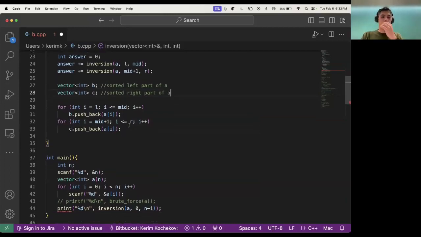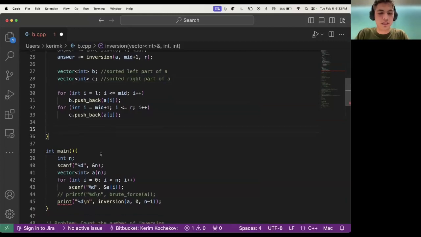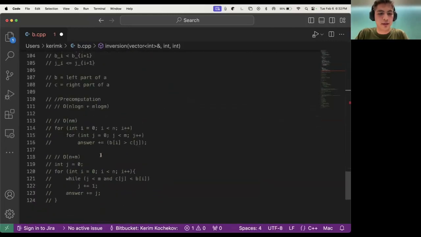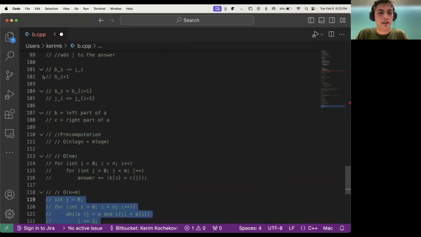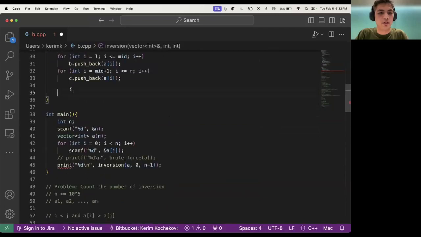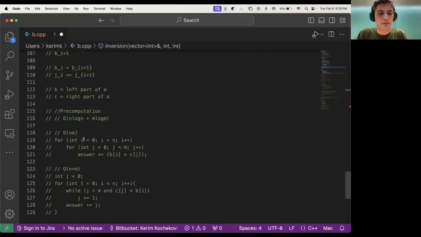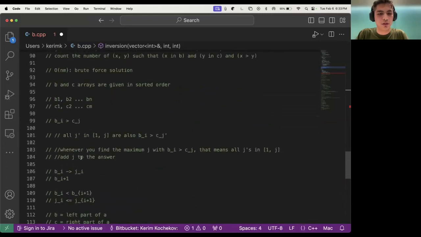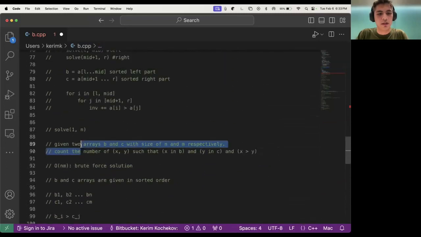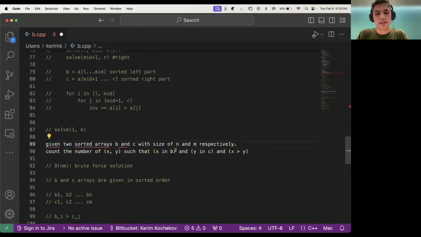Okay. And afterward, we just need to pass this algorithm that we implemented here, to count the number of, what was the problem that we reduced? This one. Given two sorted arrays, B and C, of size n and m, count the number of x and y such that x is in B. So B is here the left part.